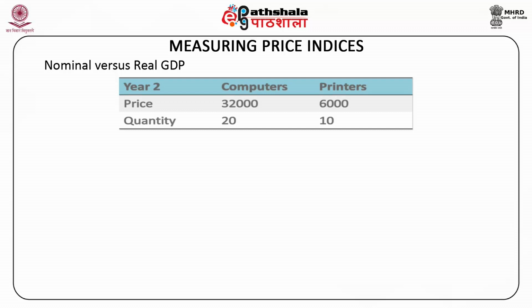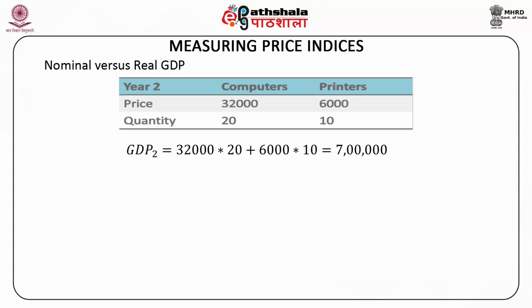Therefore, the GDP in year 2 will be equal to 32,000 multiplied by 20 plus 6,000 multiplied by 10, which will be equal to 6,40,000 plus 60,000, that is 7,00,000 rupees. Therefore, we can see that the GDP has increased from 3,25,000 to 7 lakh.